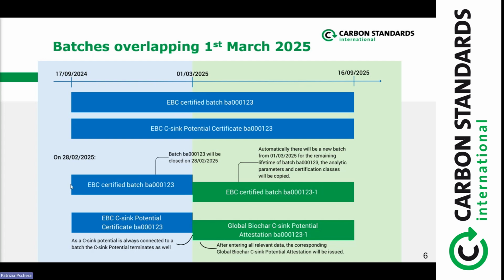So in the end, you will have EBC certified batches for the same period as you had before, but it's just separated into two batches in order to have an EBC C Sink potential before 1st of March 25 and a Global Biochar C Sink potential for everything that is produced after the 1st of March.